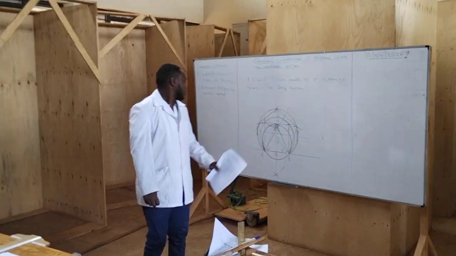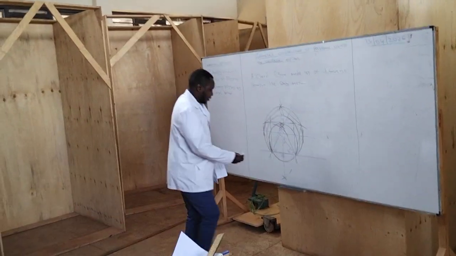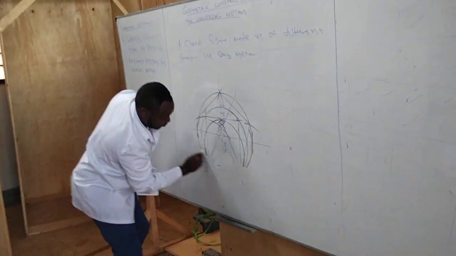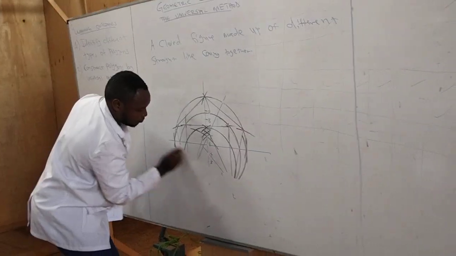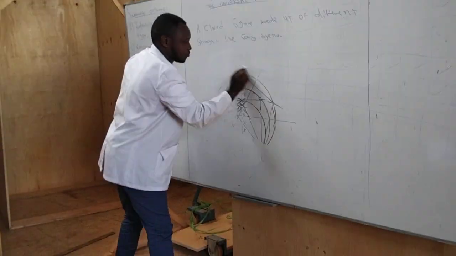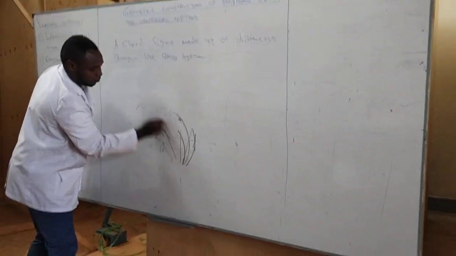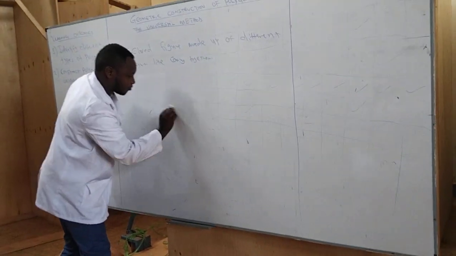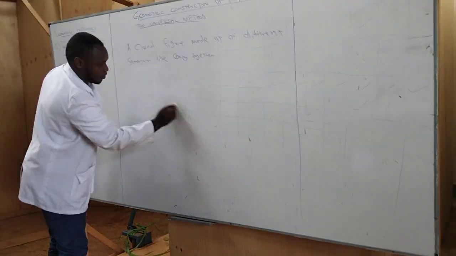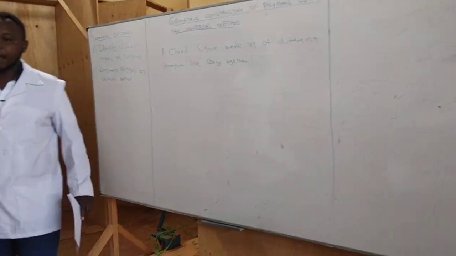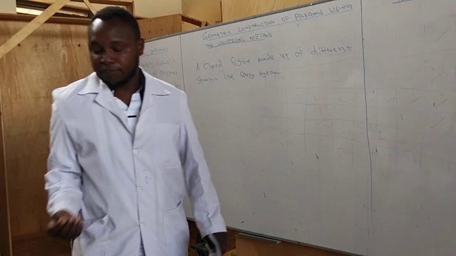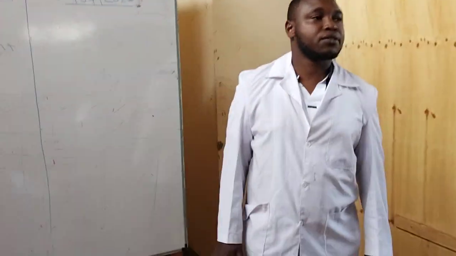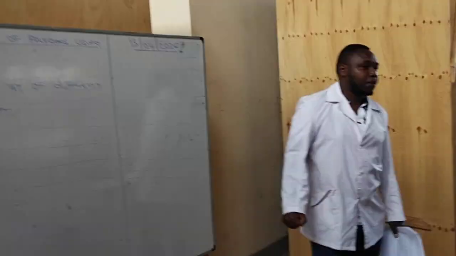Okay, since there is none, I believe we have effectively learned how to construct polygons using the universal method.